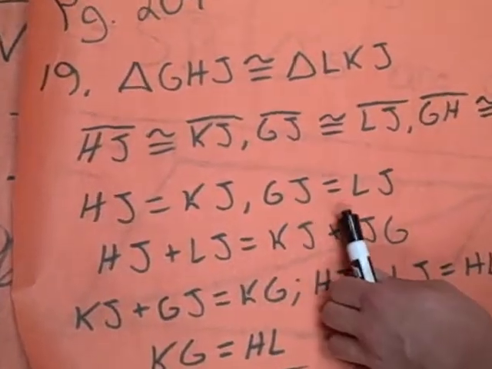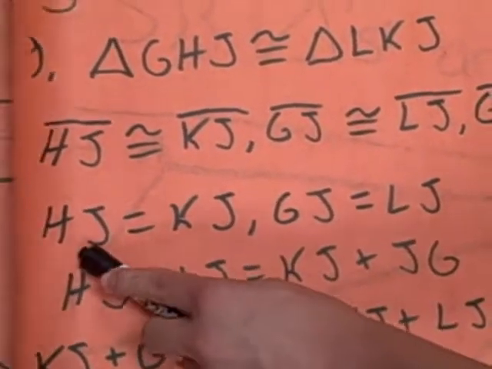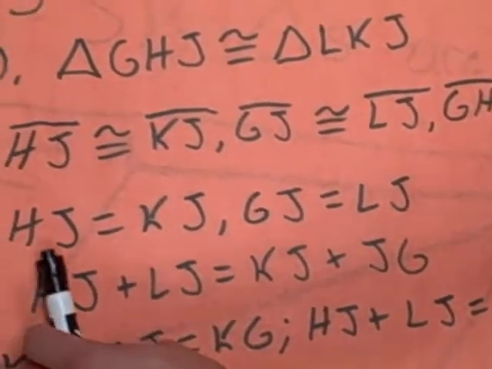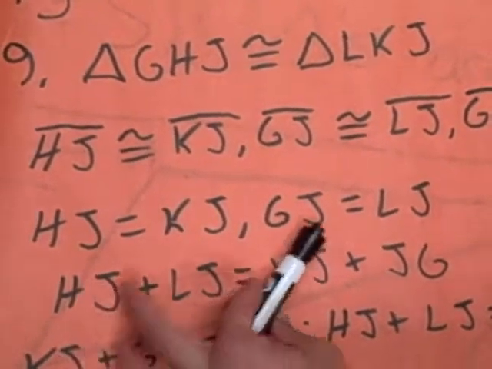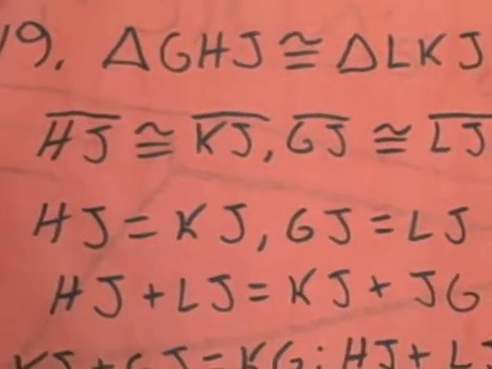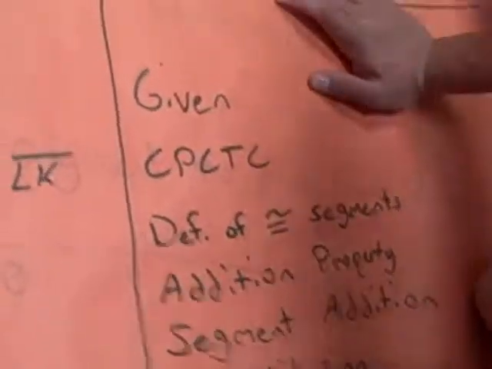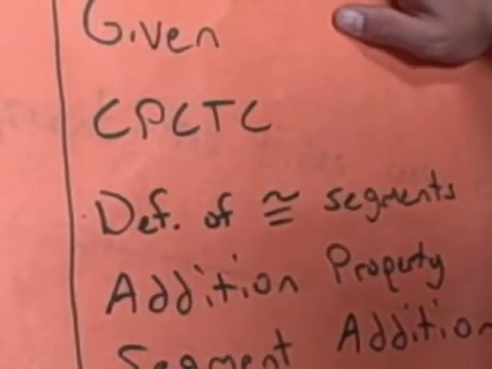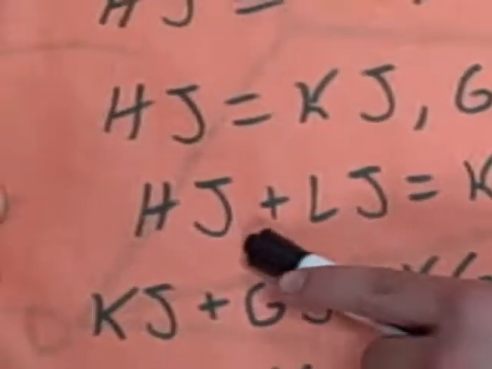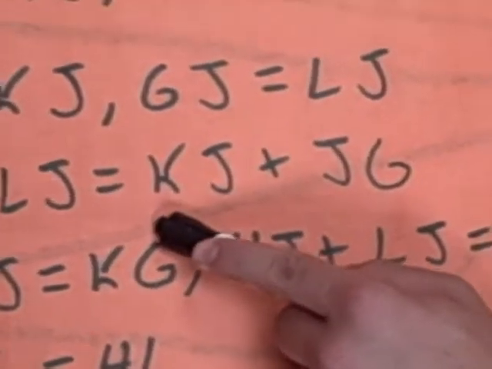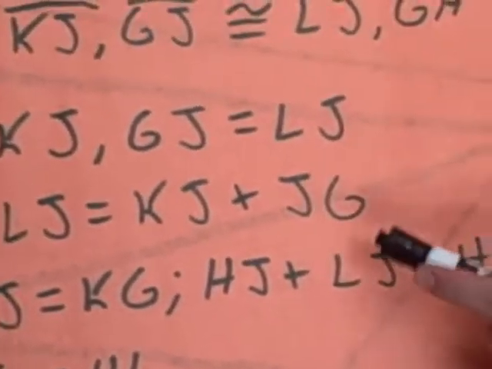Okay, and then we go down here. HJ is equal to KJ, GJ is equal to LJ. Definition of congruent segments. You can tell that when you look at the picture. HJ plus LJ equals KJ plus JG. Addition property.